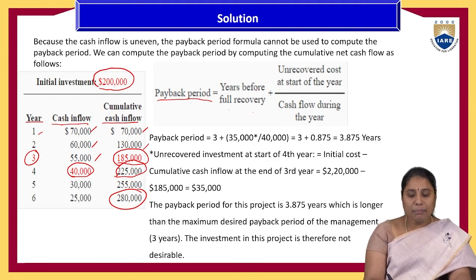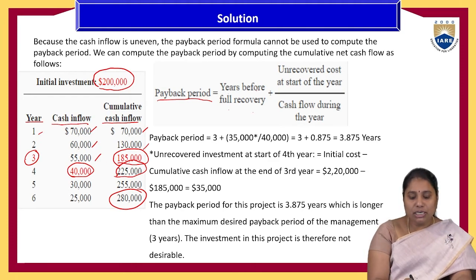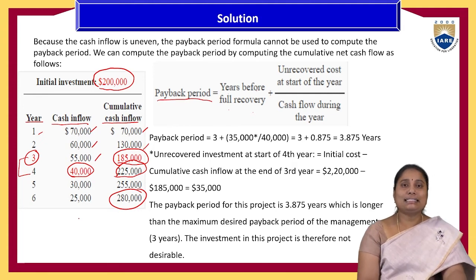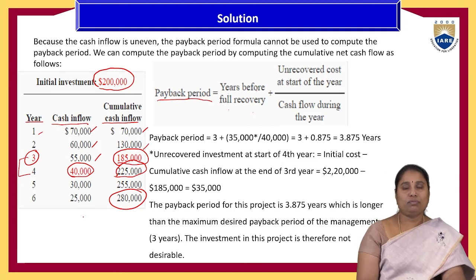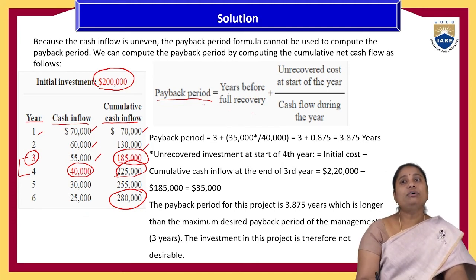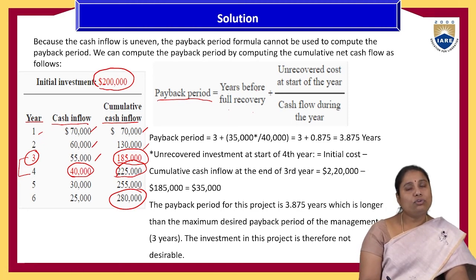So the payback period will be between 3 and 4 years, more than 3 years and less than 4. In some months it will vary, so for that calculation we take the years before full recovery. Full recovery happens in the fourth year, and the years before that are 3.